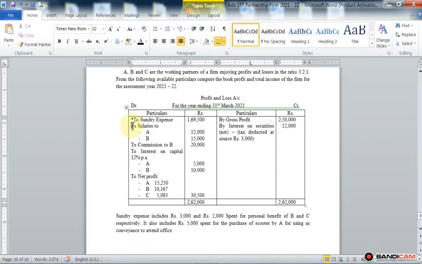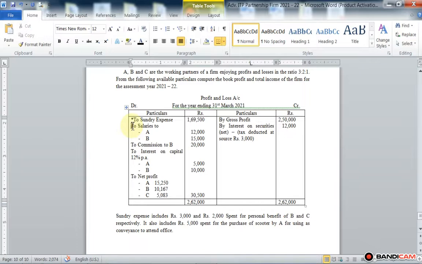Then commission to B. Commission is part of remuneration, so remuneration is added to net profit, then we get a deduction of remuneration. Interest on capital is 12% per annum. Here 12% interest on capital is given to A and B, and the exempted interest on capital is also 12%, so there is no excess interest on capital.